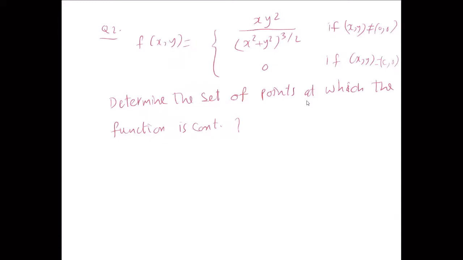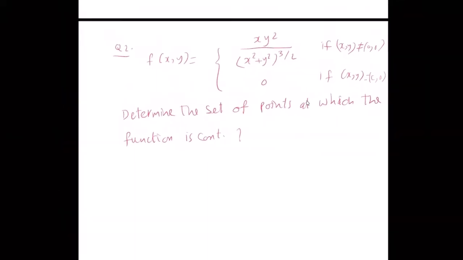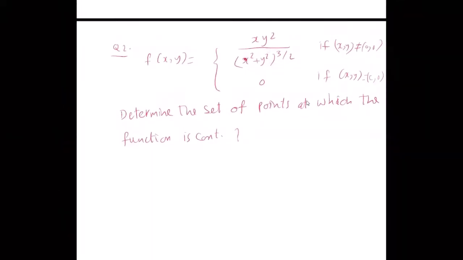How to answer this? We need to find the domain first. We need the denominator not to be 0. The denominator is 0 when x squared plus y squared is 0. And this happens only when x and y are 0, 0. So the only point where the function is not defined by this rule is the point 0, 0. But at 0, 0, we use the second formula.